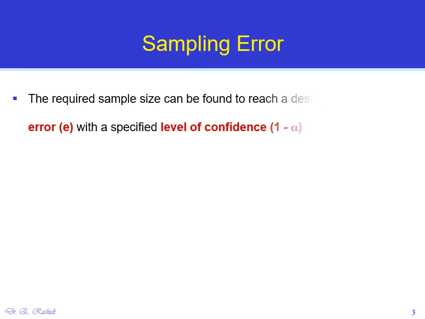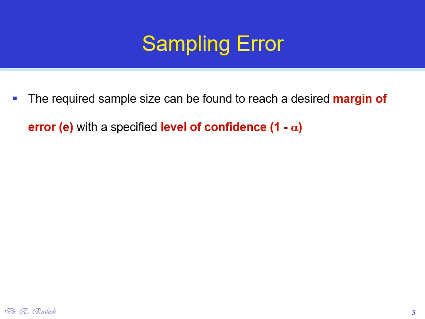To be able to determine the size of a sample, we need to talk about sampling error. If you remember what sampling error is, the required sample size can be found to reach a desired margin of error with a specified level of confidence.